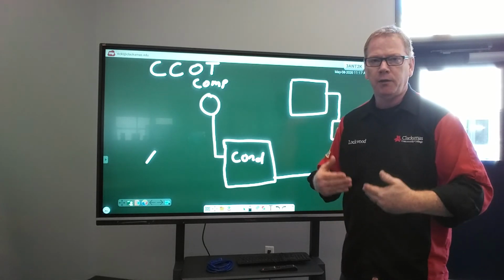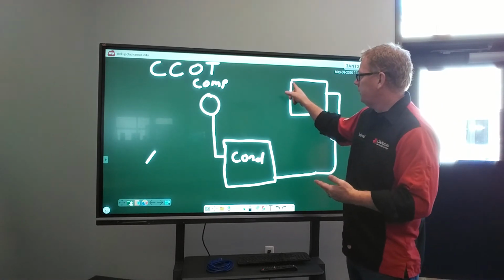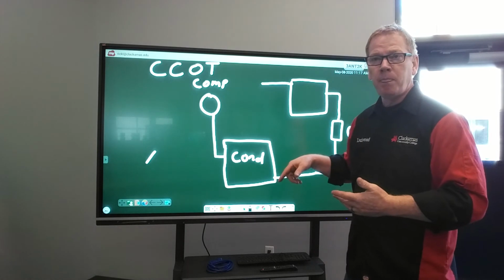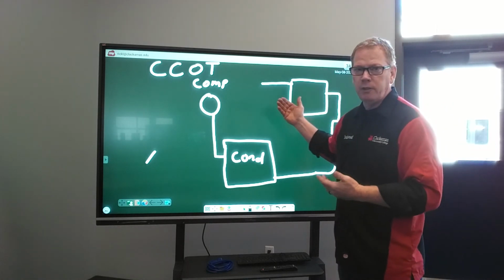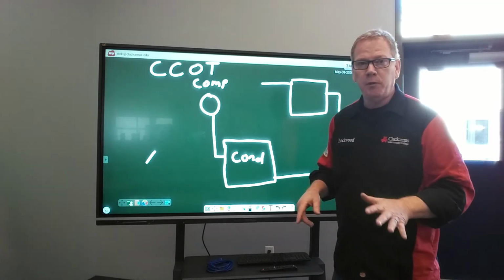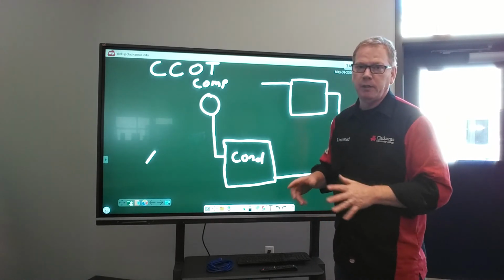And the boil will cause it to change from a liquid to a gas. So as we leave the evaporator, we should come out mostly as a low pressure gas. That's the goal. However, that doesn't always happen. So there still could be some liquid coming through here.